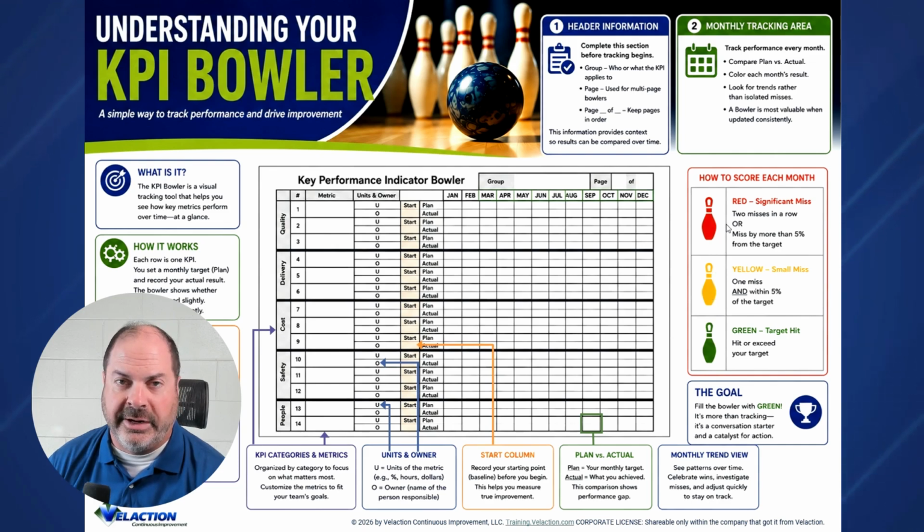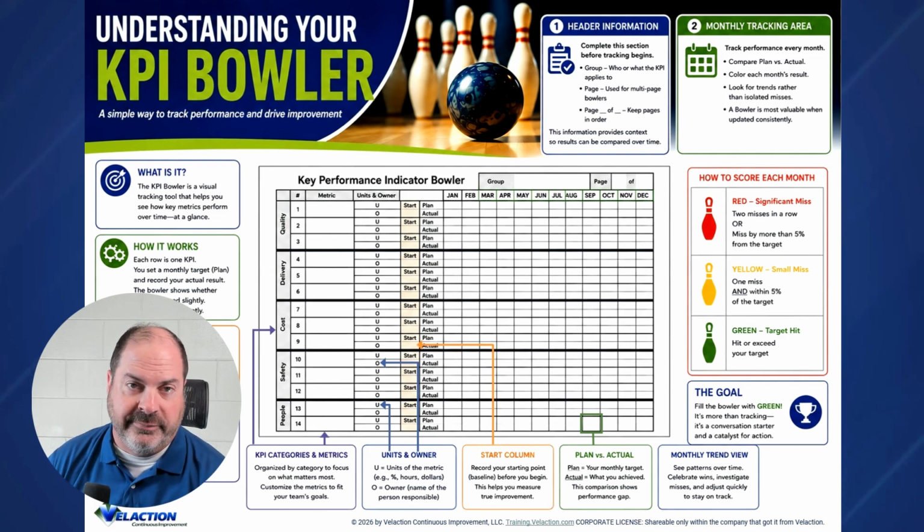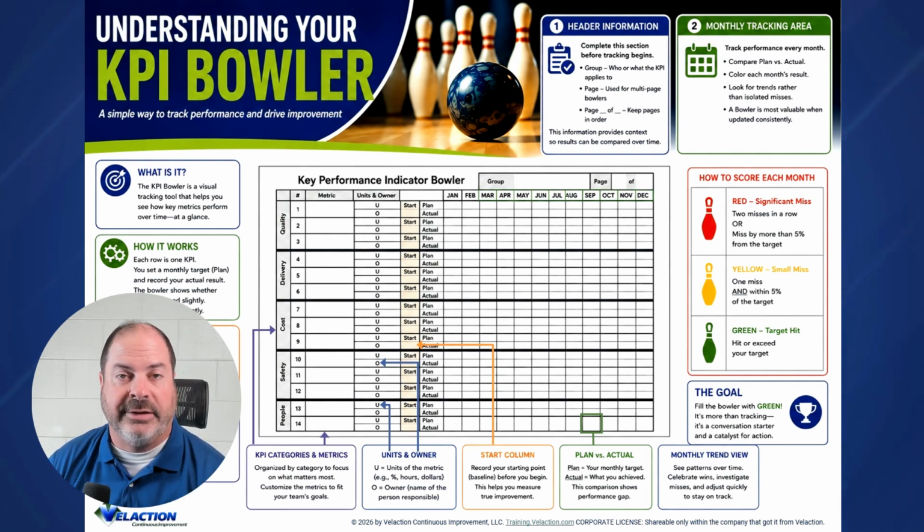So no matter how big it is, if you're missing twice, it tells us that you're not focused on fixing that and getting back on track. So it becomes red. And the reds all require a countermeasure. So there's a countermeasure sheet, a separate tool, but you want to have a countermeasure for anything that you have a red indicator on. So if you have something that is more than a 5% miss, or you miss two months in a row, you need a countermeasure to show you have a specific plan to get back on track. And green means you're on track.